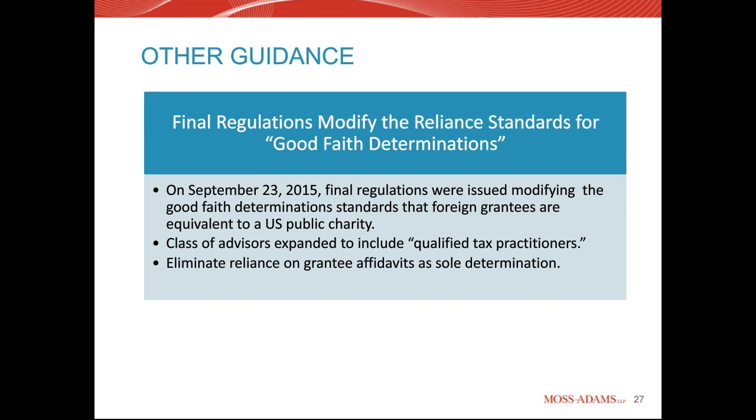It has to be done by U.S. people, but they expanded the class. So it could be not just an attorney, it could be an enrolled agent or a CPA that's subject to Circular 230. And then if it was a foreign attorney, they would have to be subject to our U.S. laws. So there's more on that if you want to read it, if that's applicable.